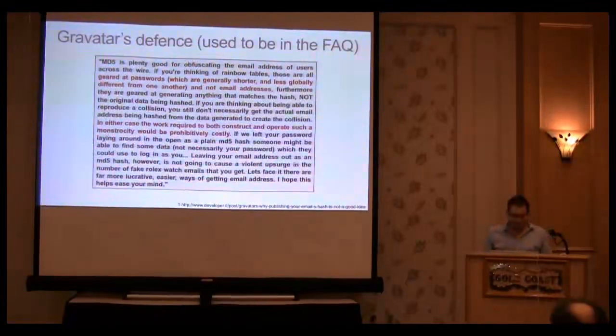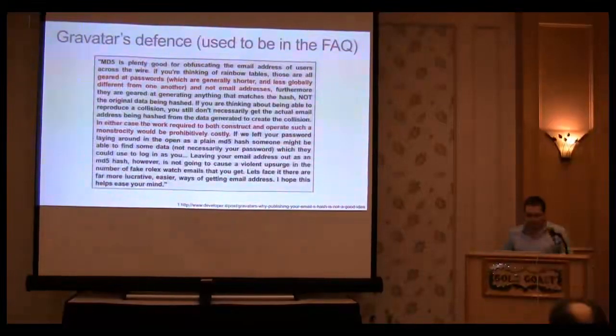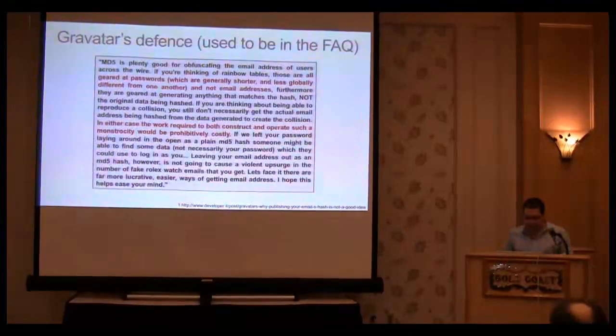I don't believe that, but let's say that. And to try to brute force these hashed email addresses, it would require constructing and operating monstrosities that would be prohibitively costly. That's what Gravatar said.